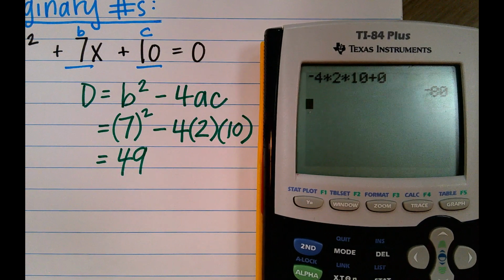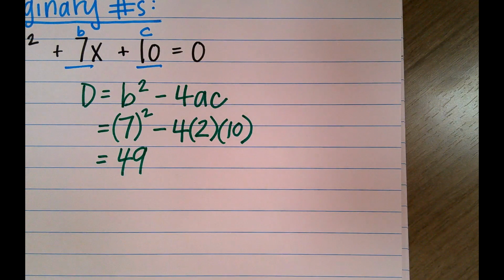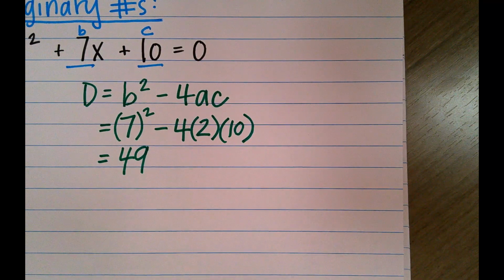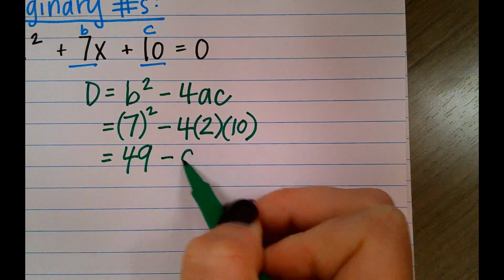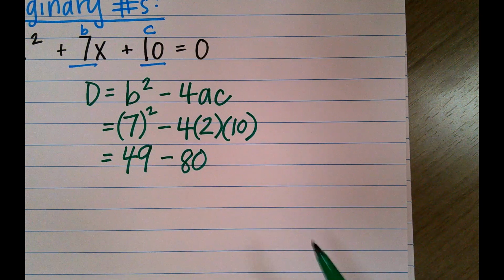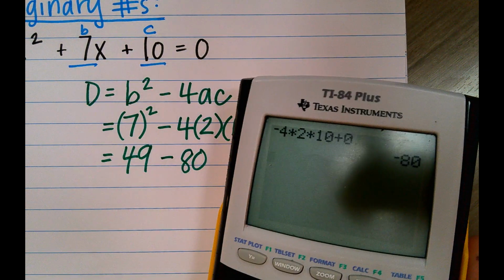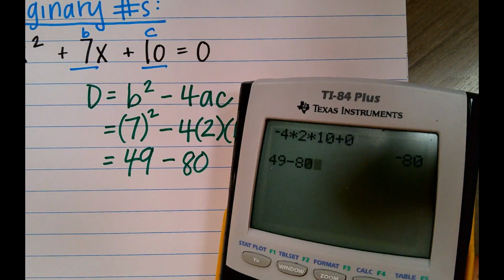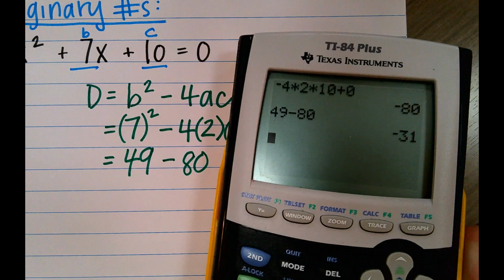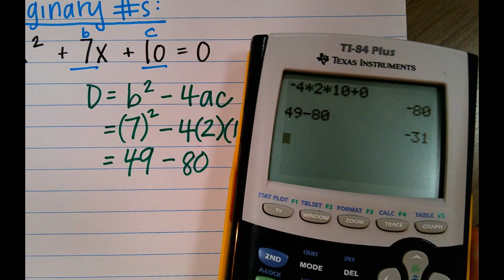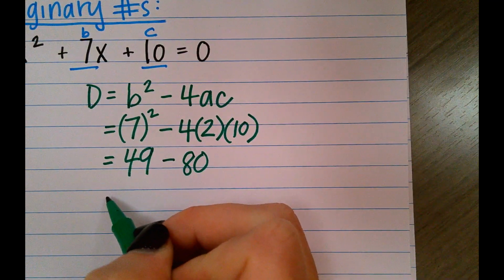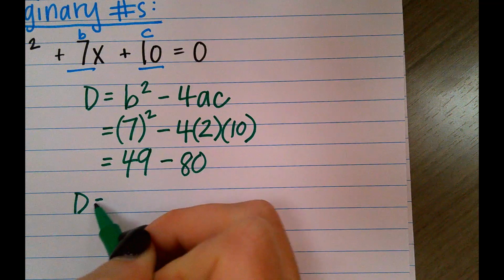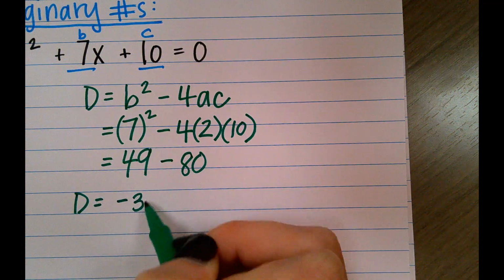Minus 80. So, do I write plus 80 or minus 80? Minus 80. Okay. So, now 49 minus 80. Sure enough, I get a negative number. Negative 31. So my discriminant is negative 31.